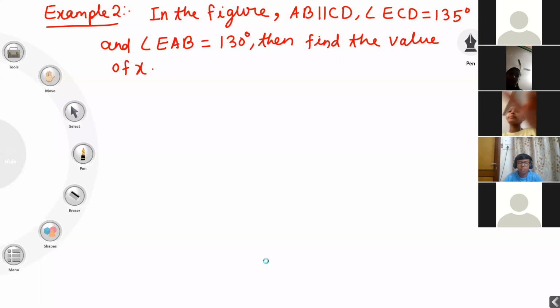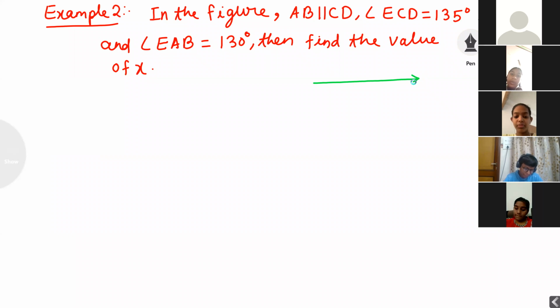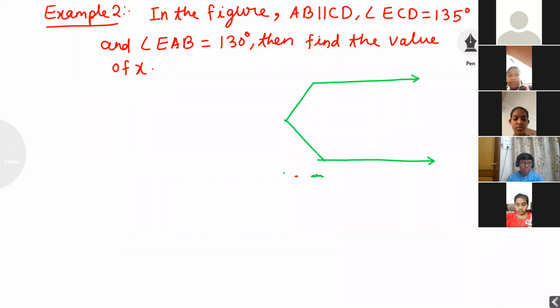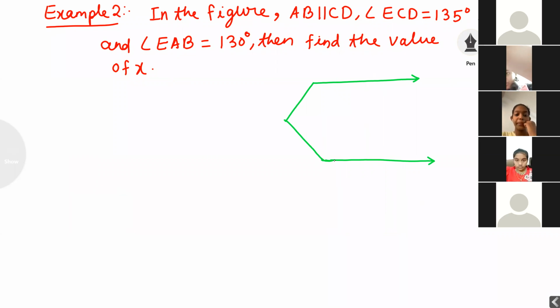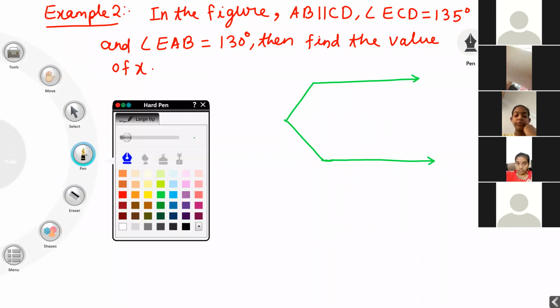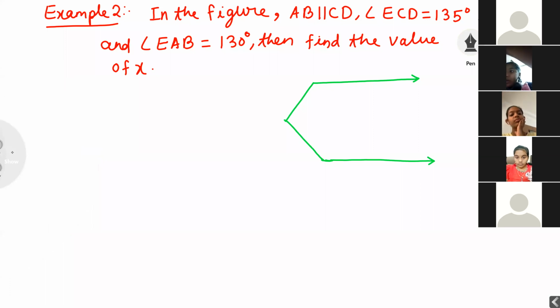Draw this figure. This is a very interesting question and a very important question. This line is AB.